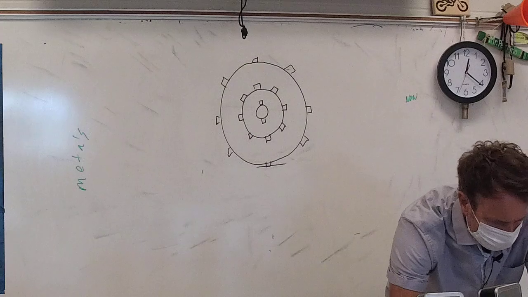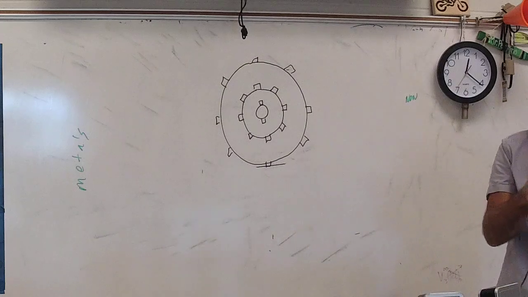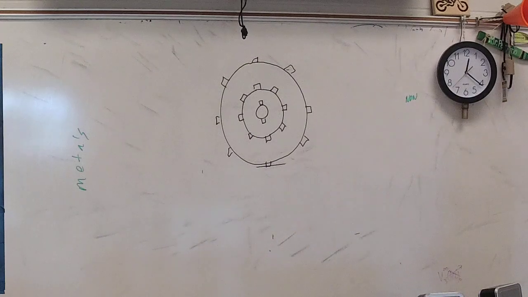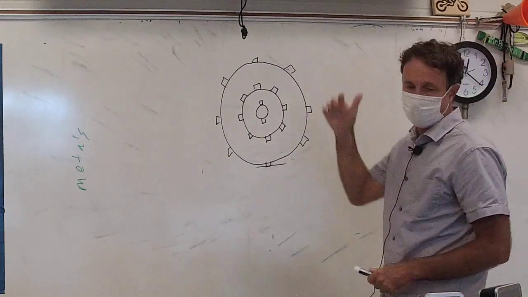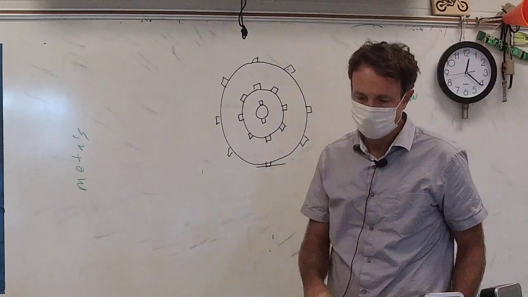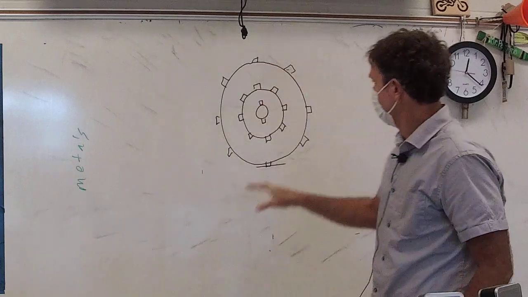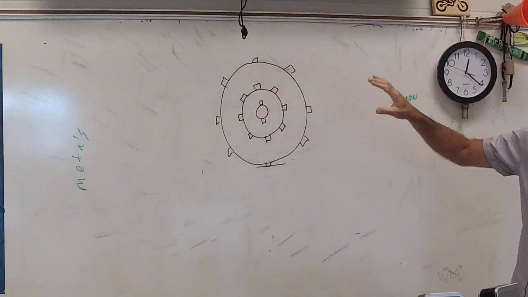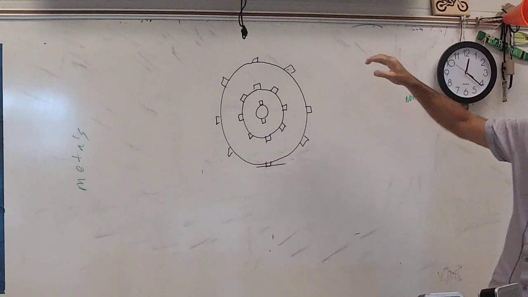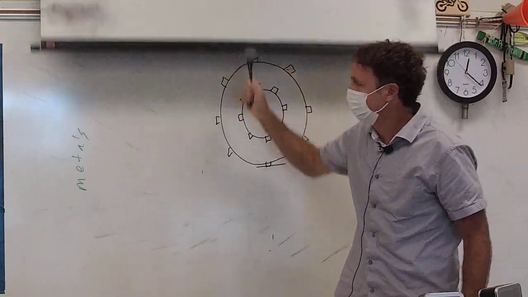Look over here, the blank periodic table. Then you will see that as we go down the periodic table, the Bohr model literally matches it. So I'm going to pull this down.